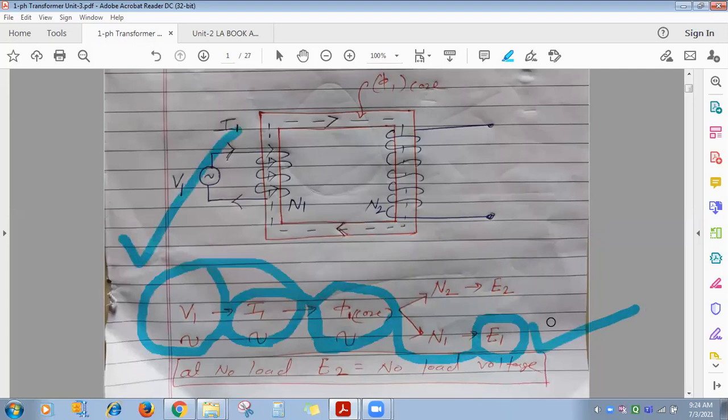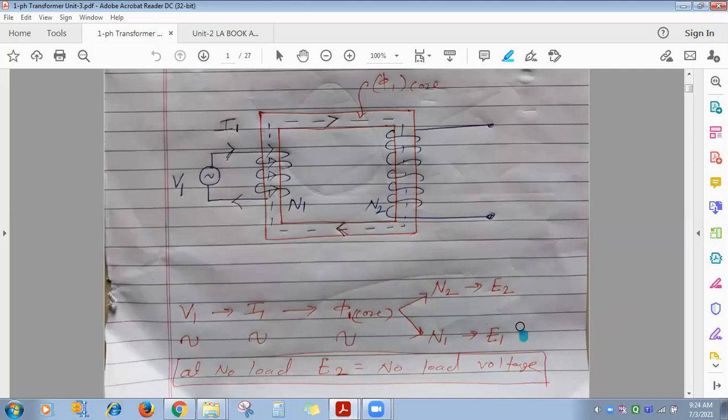So as per Lenz's law, what will E1 do? It will oppose the cause producing it. Whatever E1 gets induced, will it assist V1 or be in opposite direction with V1? In opposite direction. Very good. It will be in opposite direction with V1, isn't it?